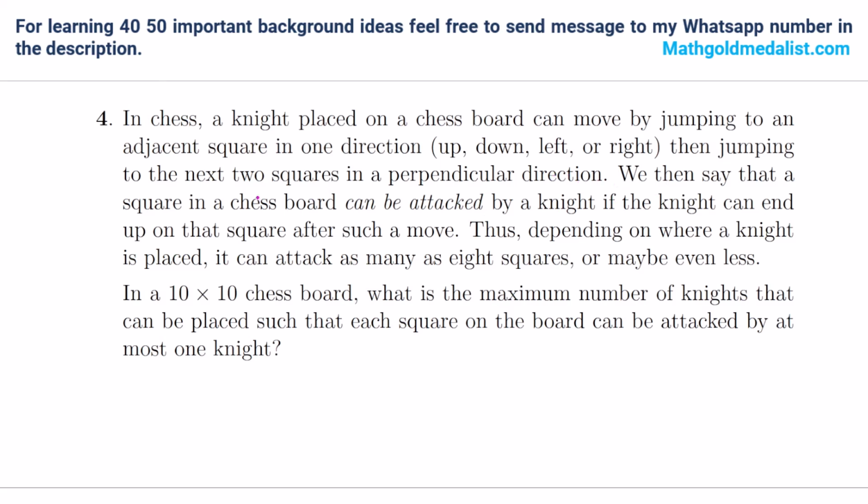We then say that a square in a chessboard can be attacked by a knight if the knight can end up on that square after such a move. Then, depending on where a knight is placed, it can attack as many as 8 or maybe even less. In a 10 by 10 chessboard, what is the maximum number of knights that can be placed such that each square on the board can be attacked by at most one knight?